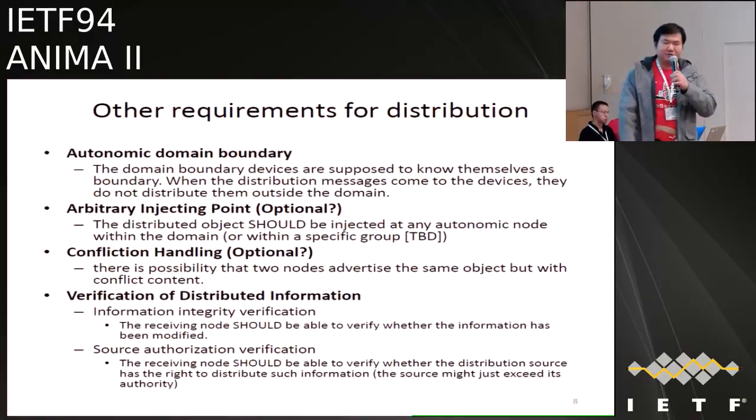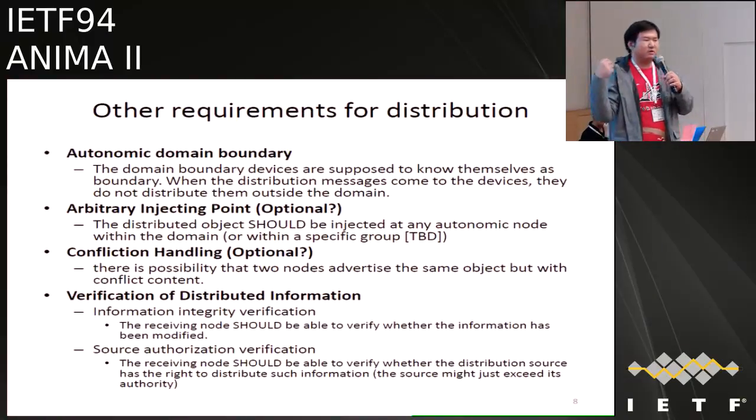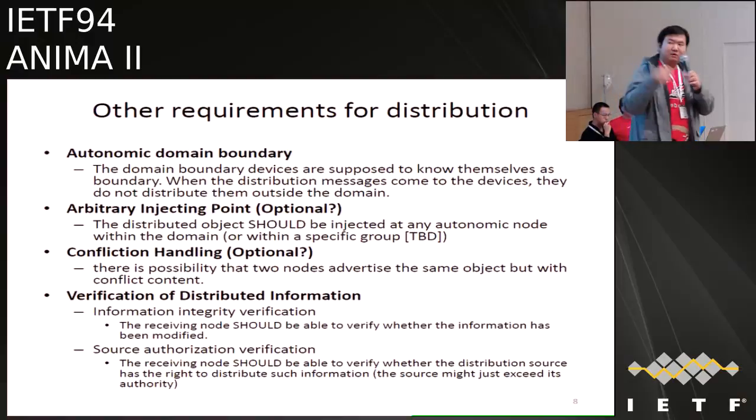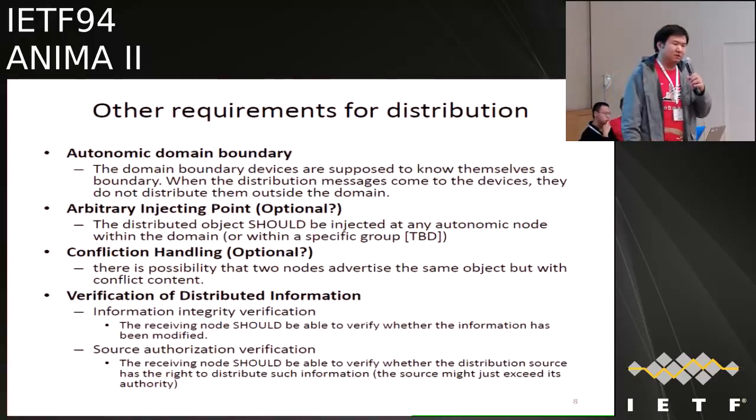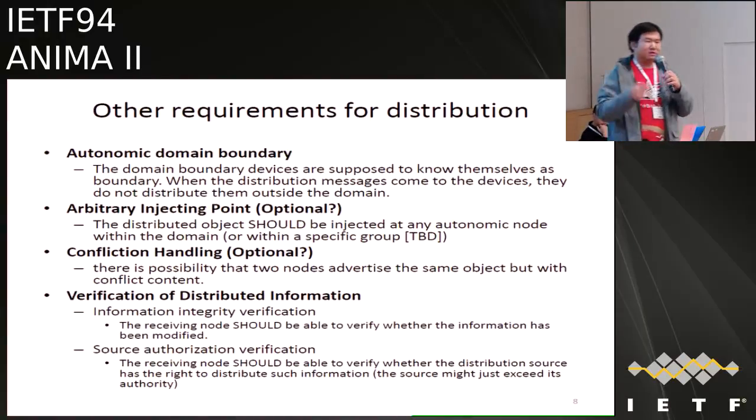Okay, here are some other more sophisticated requirements along with those basic requirements. The first one is the autonomic domain boundary. If one node receives the distribution message or the distribution option, it needs to decide whether to distribute it again.